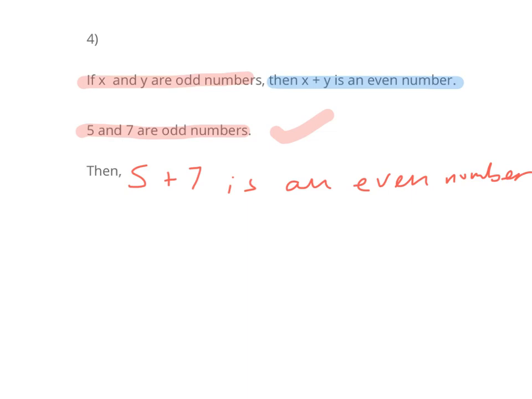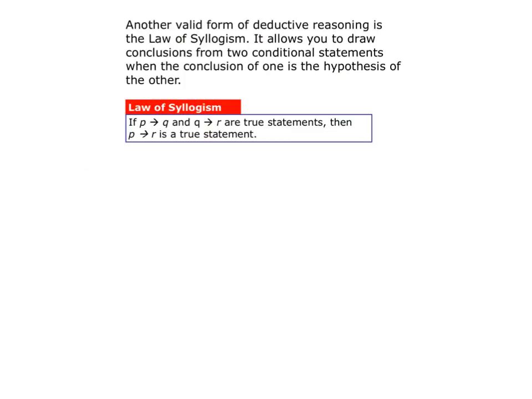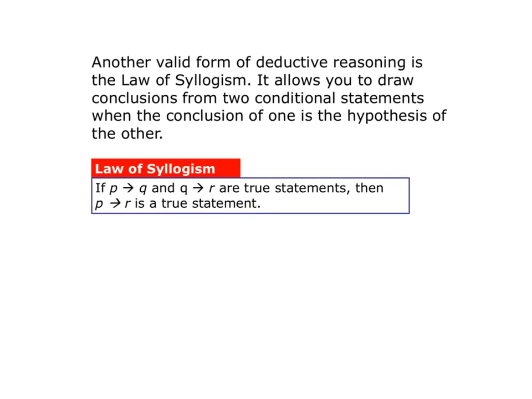Okay, so all of this was the law of detachment. Now we're going to look at the law of syllogism. So another valid form of deductive reasoning is the law of syllogism. It allows you to draw conclusions from two conditional statements when the conclusion of one is the hypothesis of the other. So now we have, if P then Q and Q then R are true statements, then P then R is a true statement.